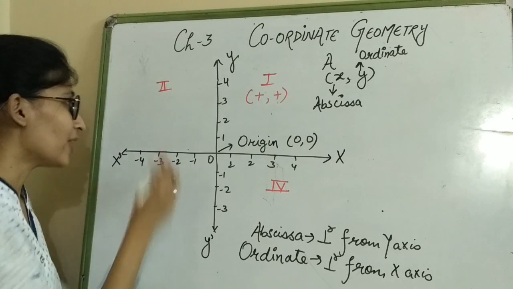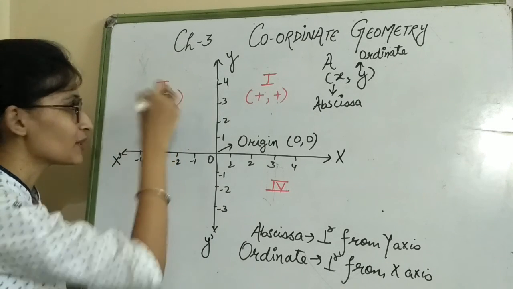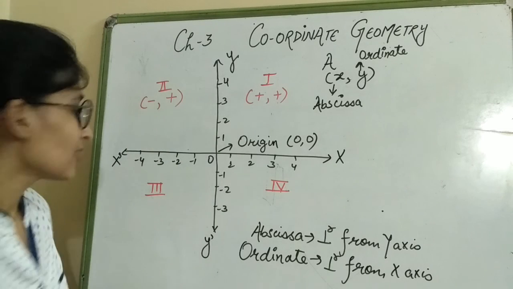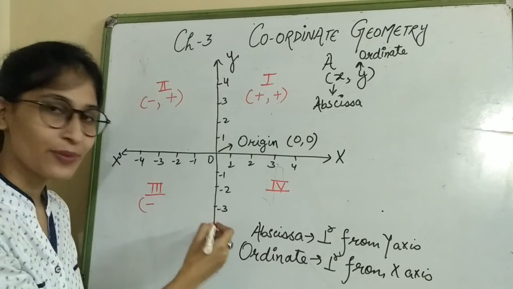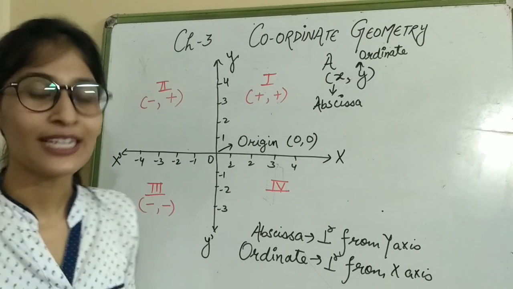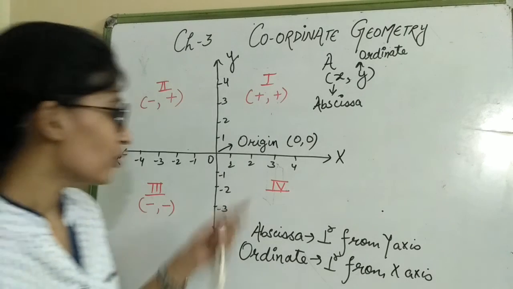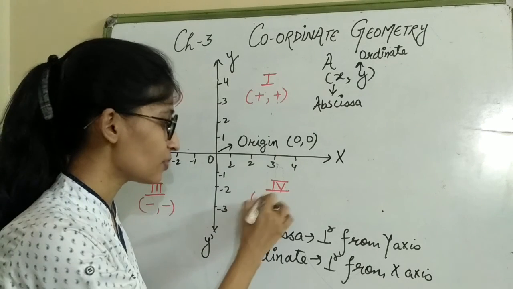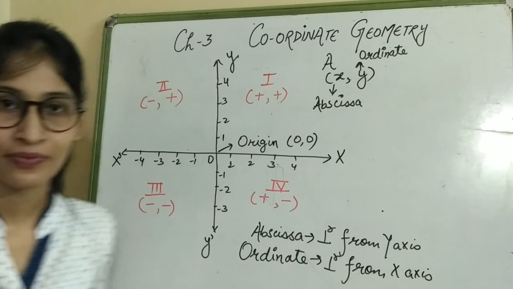For the second quadrant, my x-axis is negative and y-axis is positive. For the third quadrant, x-axis is negative as well as y-axis. So both the coordinates of the point lying in the third quadrant will be negative. For the fourth quadrant, x-axis is positive and y-axis is negative.